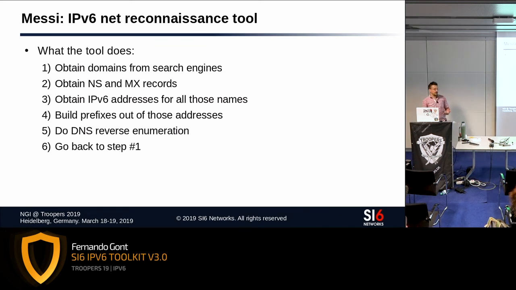Because if you think about it, you have the certificate transparency framework on one hand, search engines on another, and DNS reverse enumeration on another, which are all separate bits. What this tool tries to do, and it still needs a lot of work, let's call it a proof of concept, is mix all these techniques together so that you just specify what you're looking for and the tool will figure it out.